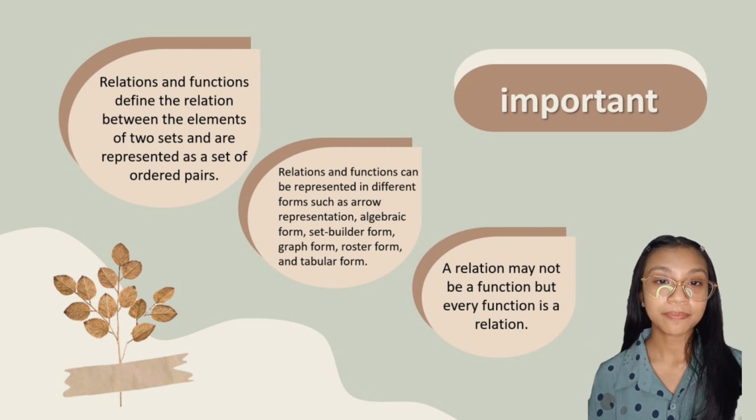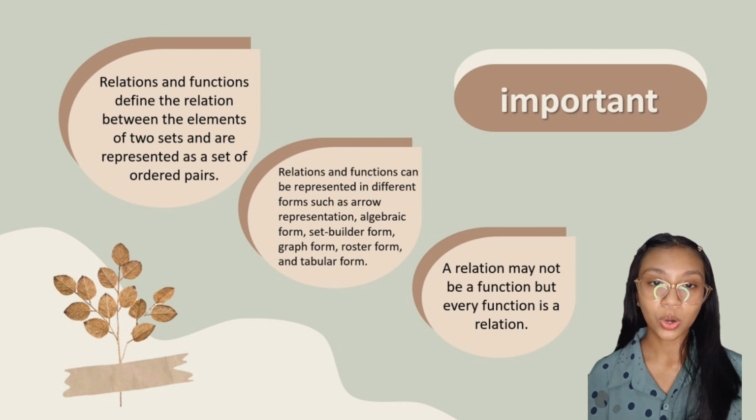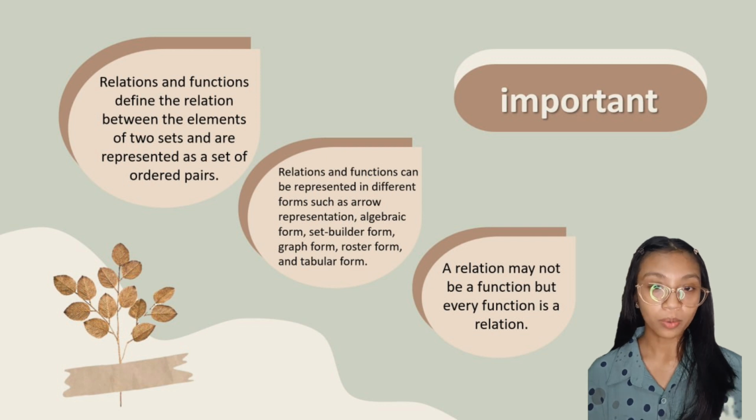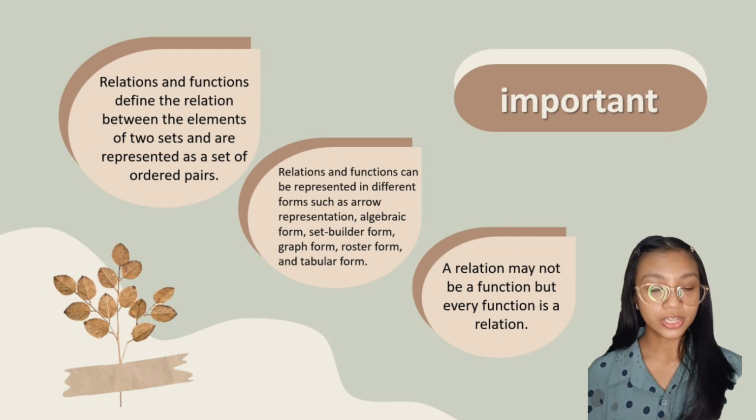Relation and function can be represented in different forms such as roster form, algebraic form, set builder form, graph form, and tabular form. 3. A relation may not be a function, but every function is a relation.